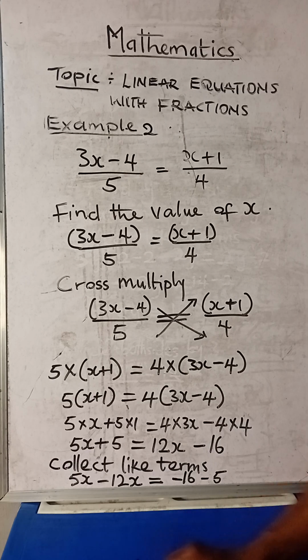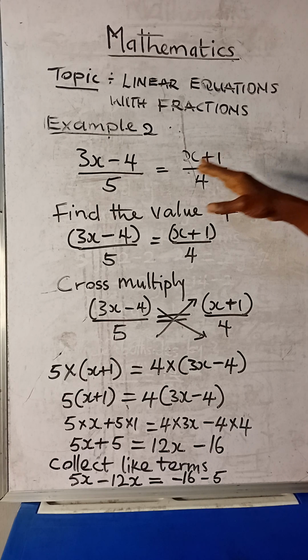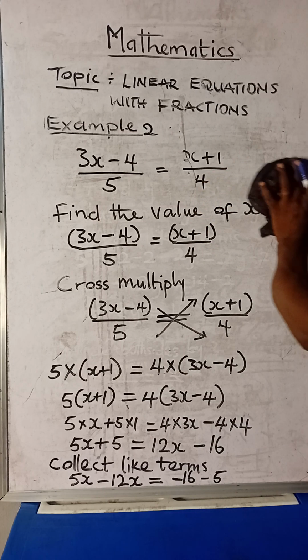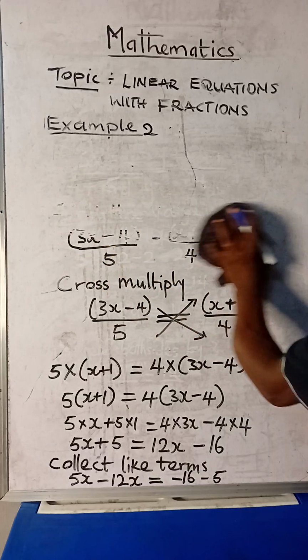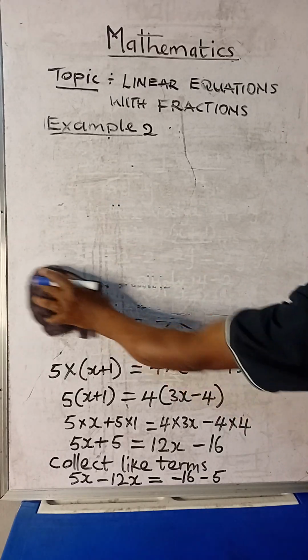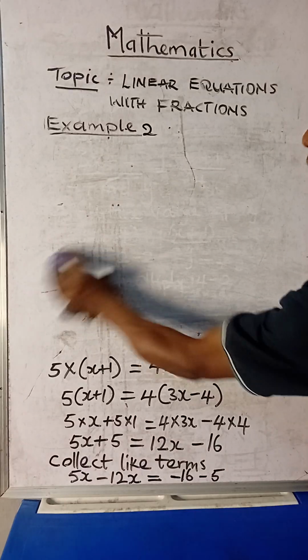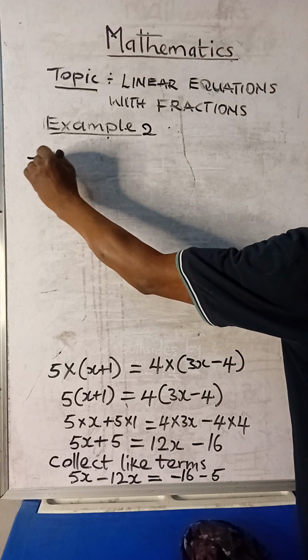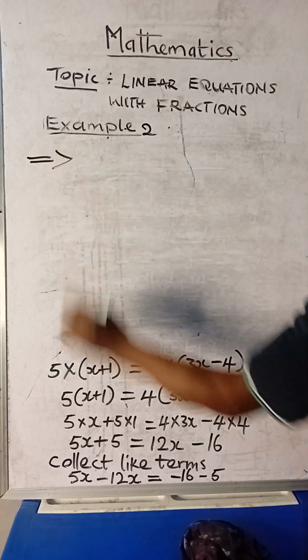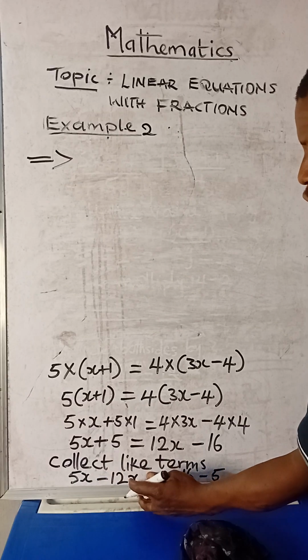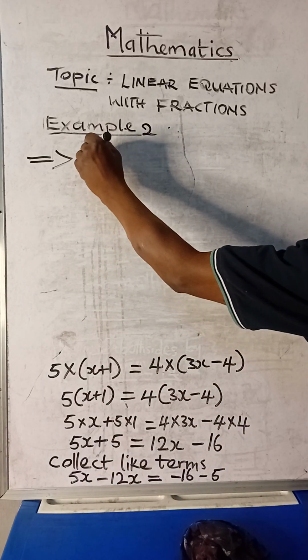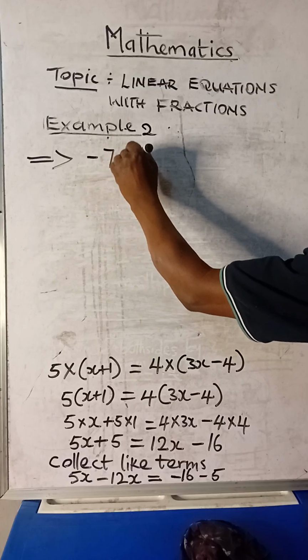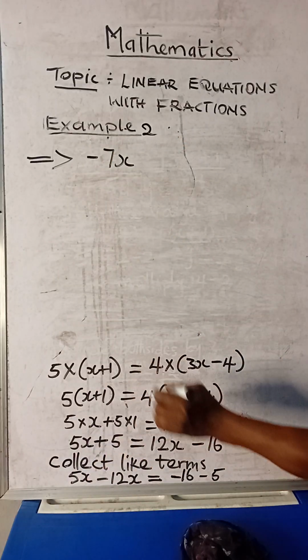Okay, so for want of space, I will be cleaning the top to complete the solving. So from that, what we have, 5x minus 12x will give us minus 7x.